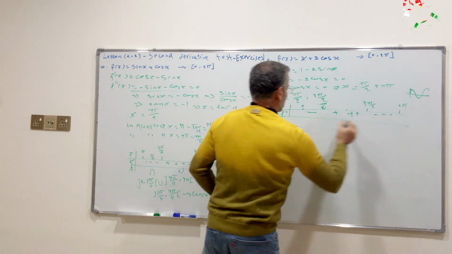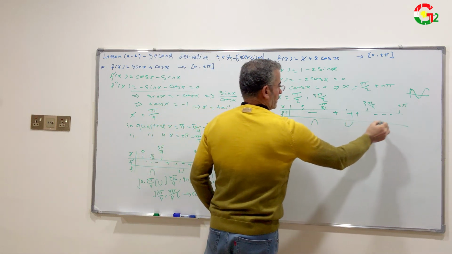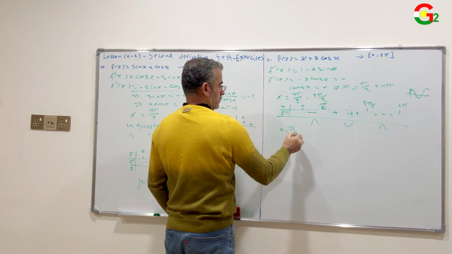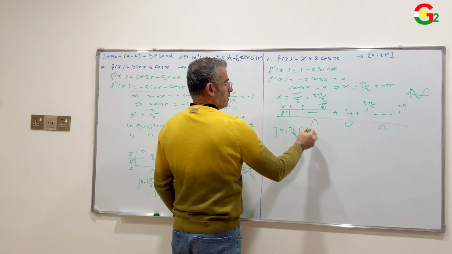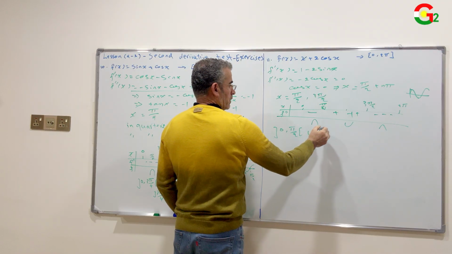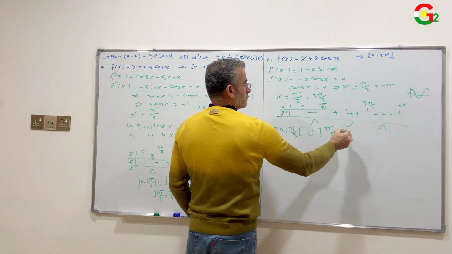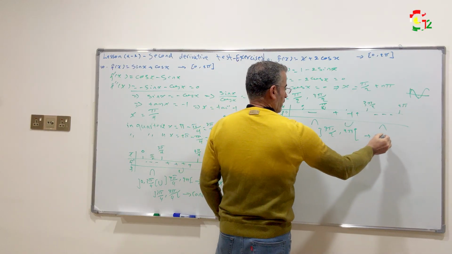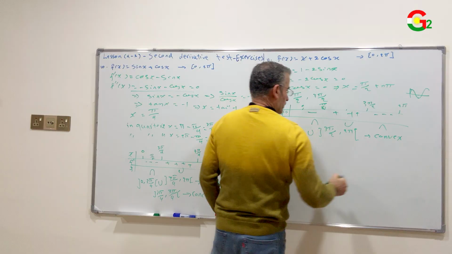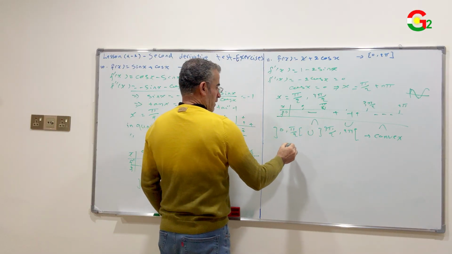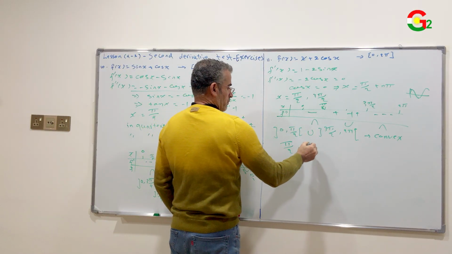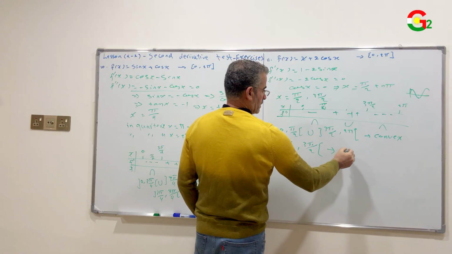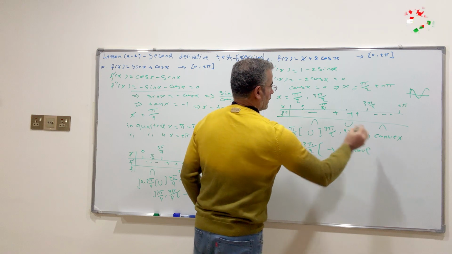Therefore, the intervals of concavity are 0 to pi over 2, open interval, union 3 pi over 2 to 2 pi. These two intervals are the intervals where the function is convex, and from pi over 2 to 3 pi over 2, this interval is where the function is concave.